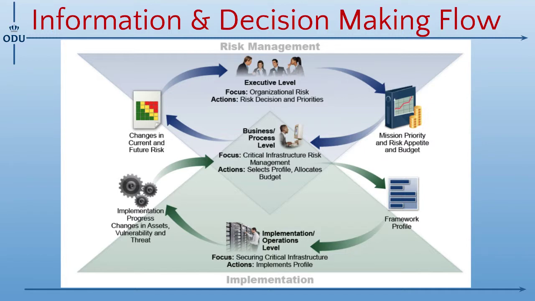For example, at the executive level, the executives have to buy in on the need for a cybersecurity program. They are going to be the ones that set the budget, that set the priorities for the organization, and determine the amount of focus that's going to be on a particular aspect of the business, in this case, cybersecurity.